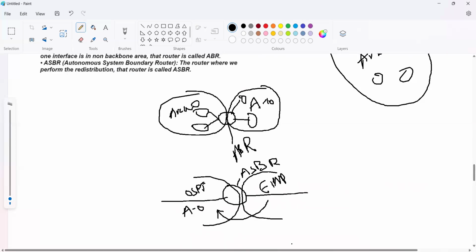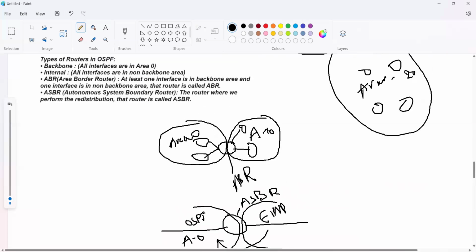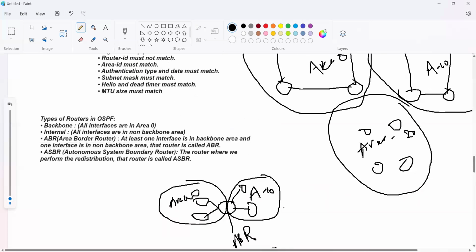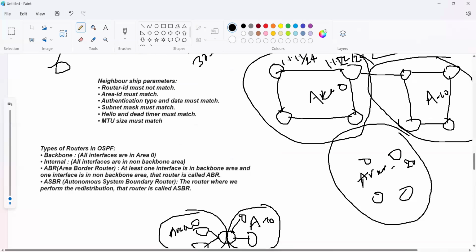And here we have some different LSA types. What does that mean? Whenever we are configuring OSPF, we have some kinds of LSA types.